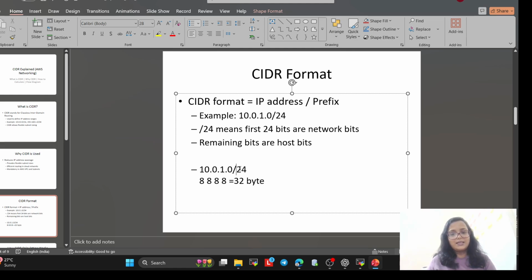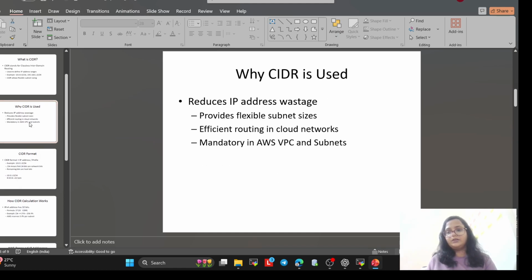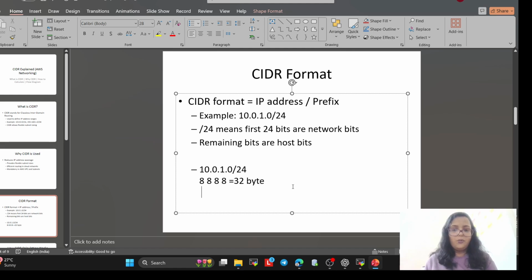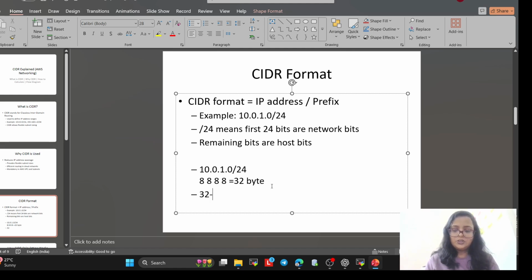If this last number increases, the number of IP addresses decreases, and if this number decreases, the range of IP addresses increases. So how do we calculate how many IP addresses we get if this is 24? Whatever number is there in place of 24, you just write 32 minus 24. How much do you get? You get 8.